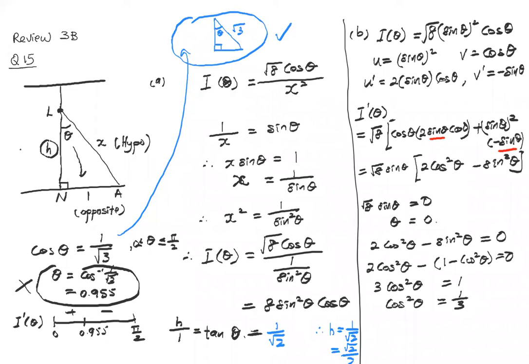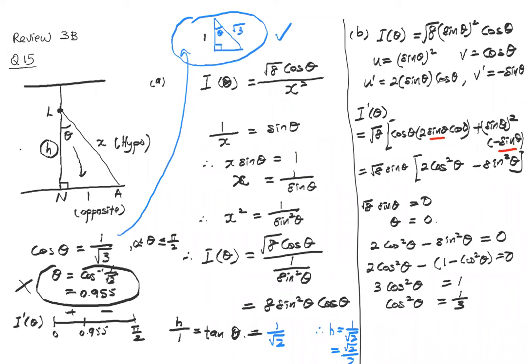Cos theta equal to root 3. So here should be 1. There should be root 3, correct? Hello? Thaddeus, are you in my class? Yes. Did I make mistake? The opposite and the adjacent.